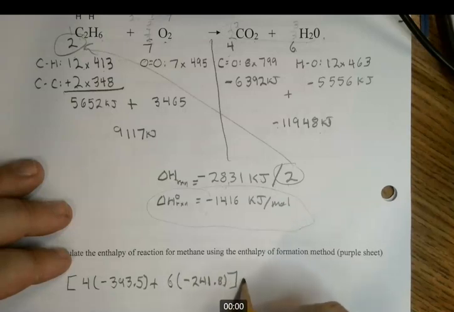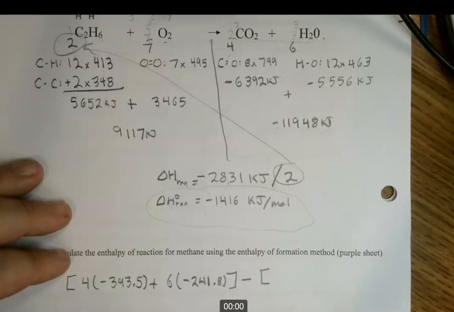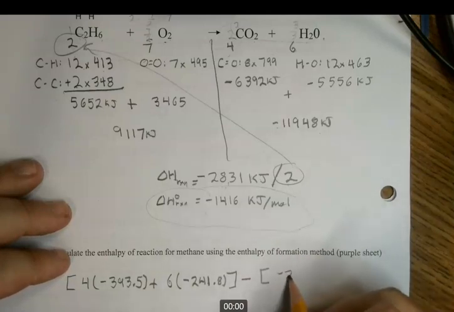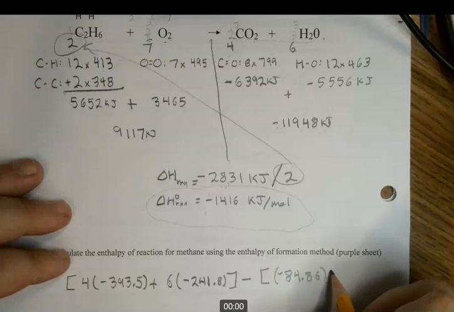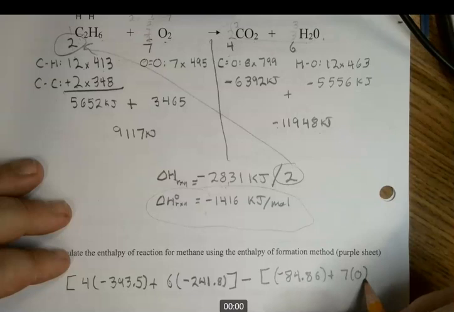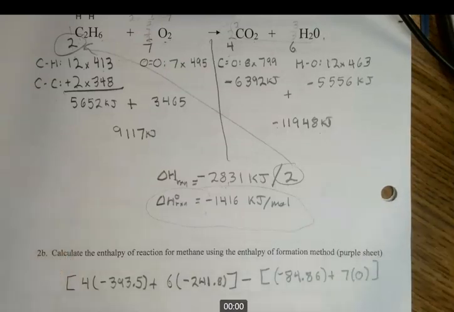about it. Okay, and then it's going to be minus, and we need it for ethane, and the enthalpy of formation for ethane is negative 84.86. Okay, plus, and it's 7, but it's 7 times 0, because for oxygen it is 0 enthalpy of formation for a pure element.